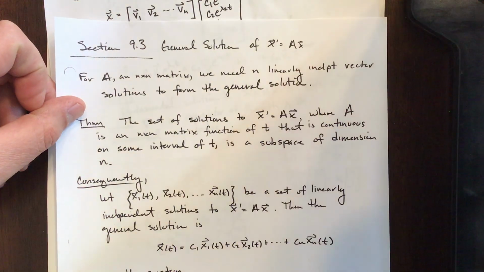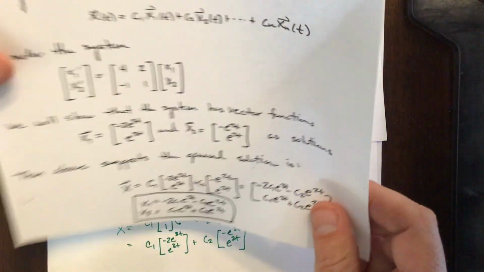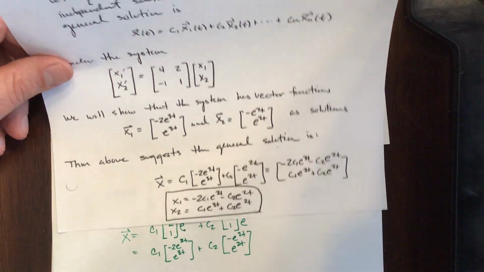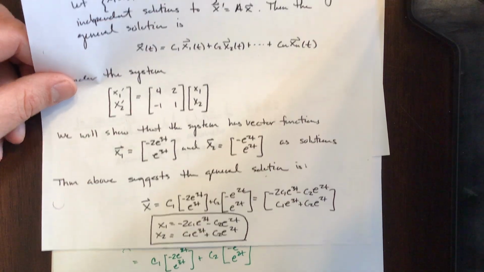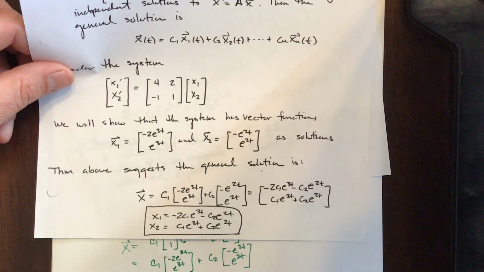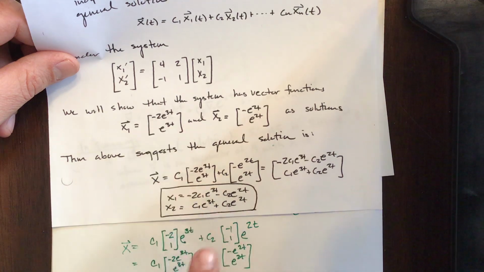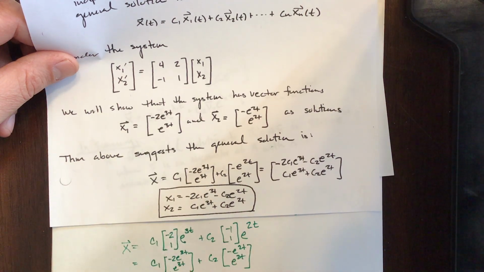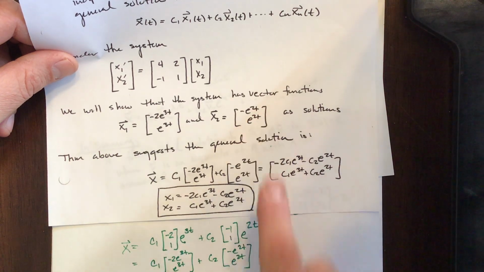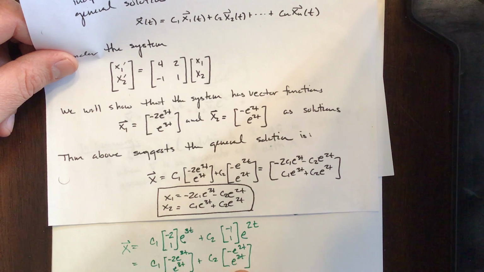This is from section 9.3's notes. So negative 2 e to the 3t, e to the 3t, negative e to the 2t, e to the 2t.